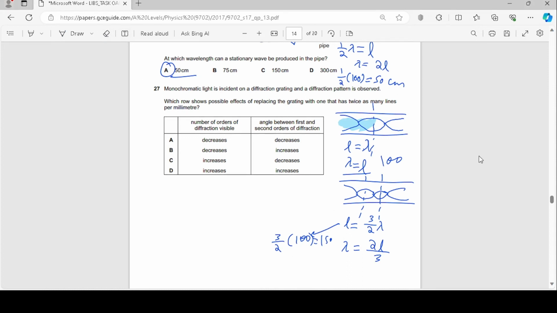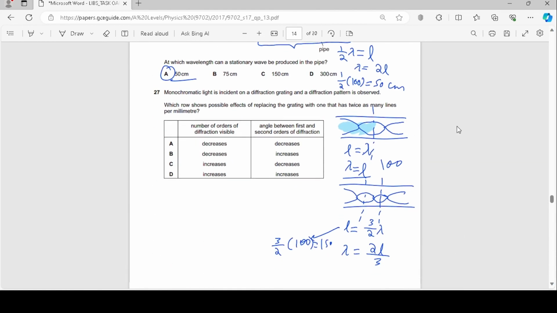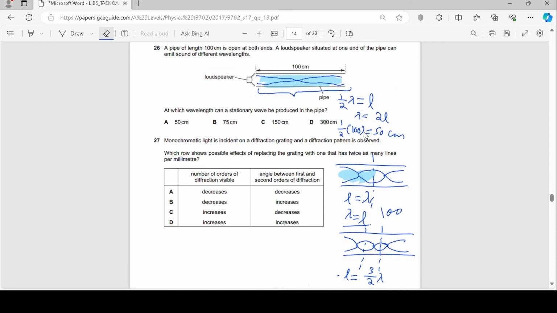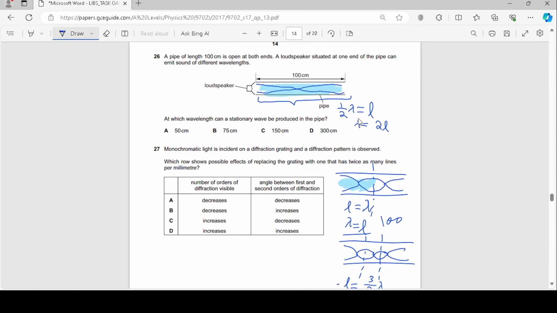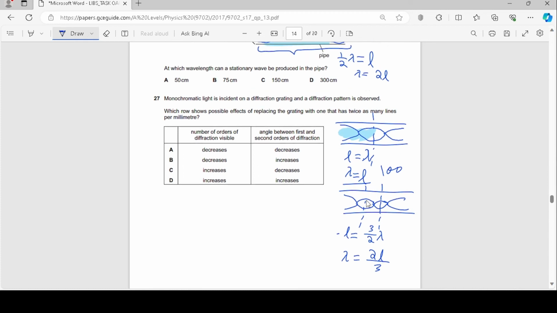Perhaps there is a better way to do this. Wait, think about this. Erase that, and I'll not assume anything for now. Because we have figured out that this is just increasing by half each time, half lambda equals L, then L equals lambda, then L equals 3 by 2 lambda, and so on, like 4 by 2, 5 by 2, 6 by 2, and so on.